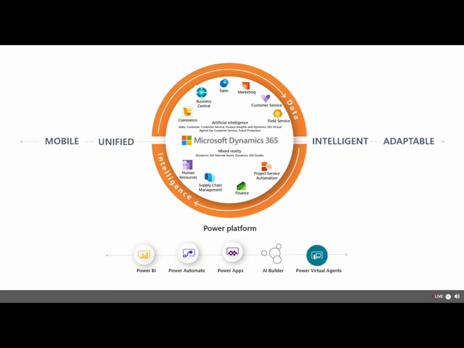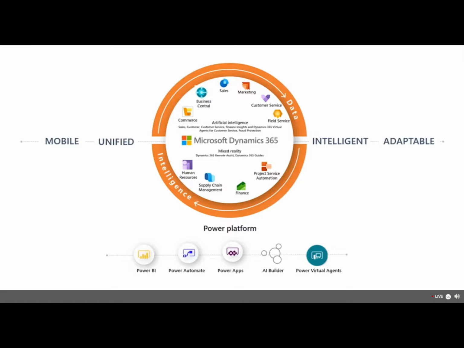We have Power Virtual Agents, which allow you to help your customers any time of the day. And then AI Builder, AI is something that I just think is so fascinating as we talk about with Dynamics because it integrates with so many of the different services. And we'll also look at some of the mixed reality that comes with it. But this is Dynamics 365 fundamentals.